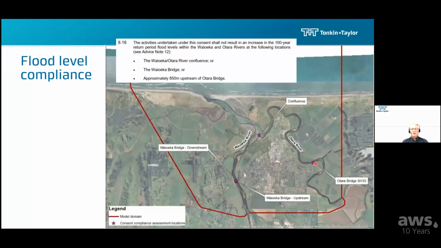So there was this thinking that if we didn't increase the flood level at any of these 3 locations, the flood scheme would be able to operate unaffected by the proposed mouth works.